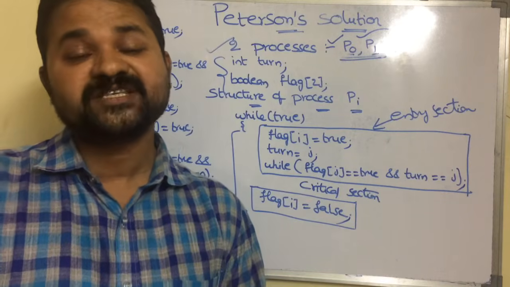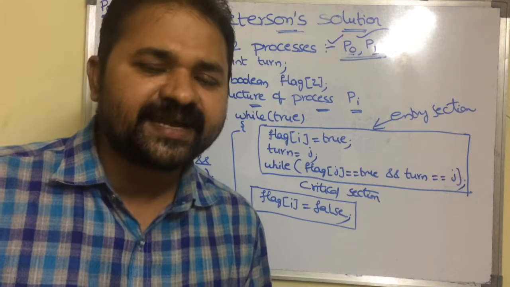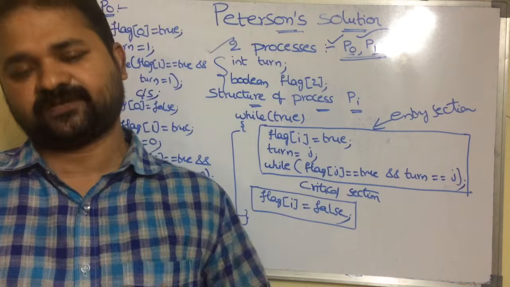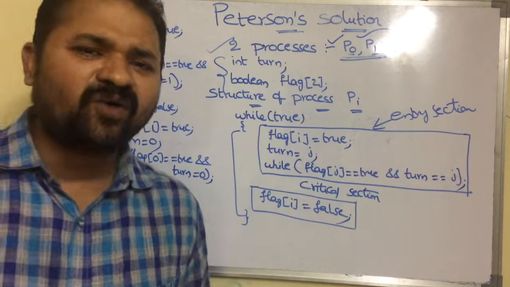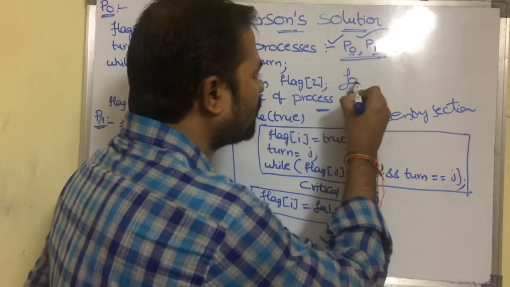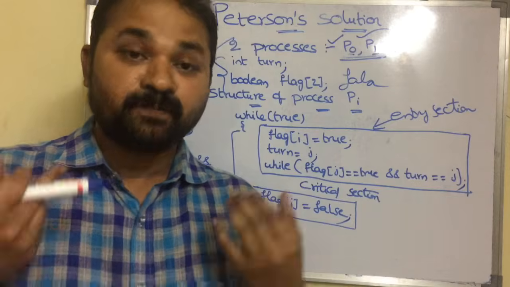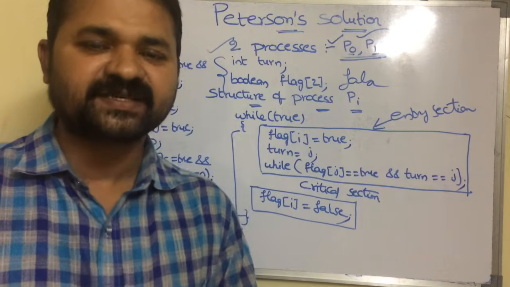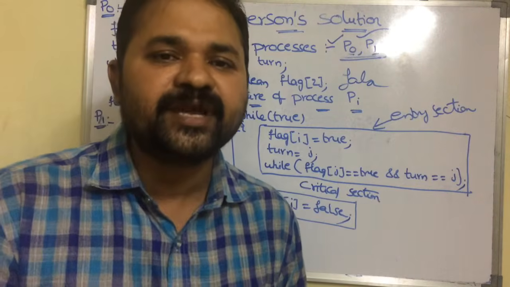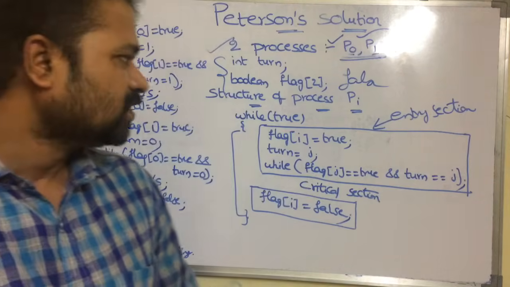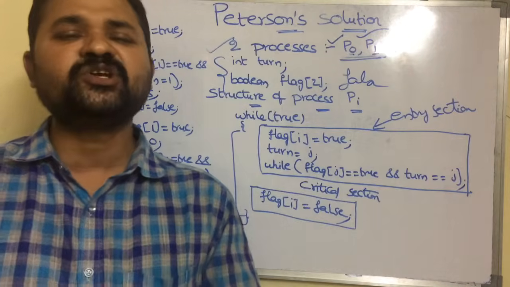Suppose if flag of 0 is false, then it specifies that P0 is not interested to enter into the critical section. Here the initial values of flag of 0 and flag of 1 are false. So it denotes that initially both the processes such as P0 and P1 are not interested to enter into the critical section. So this is about the data structures which we can use in the Peterson solution.